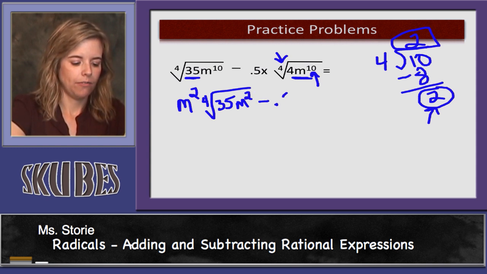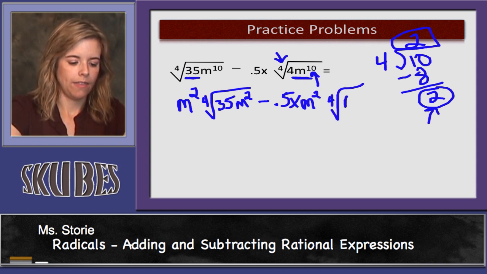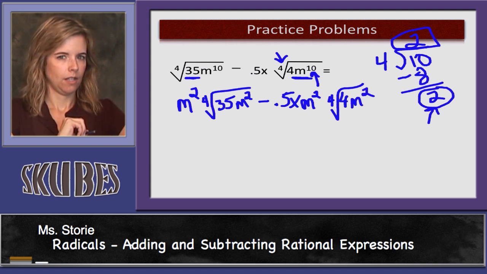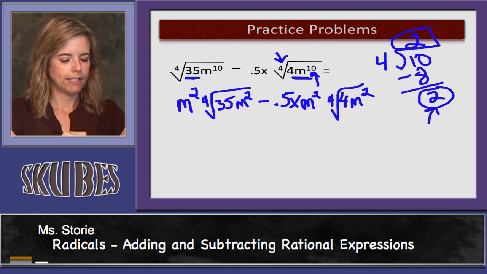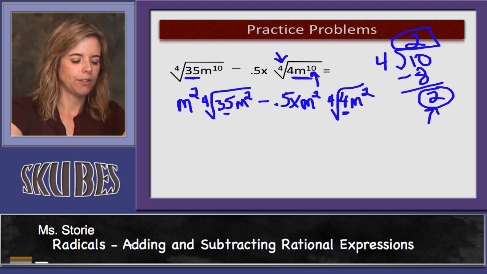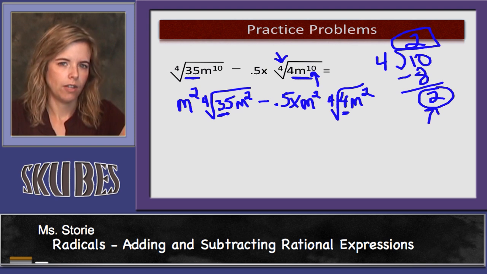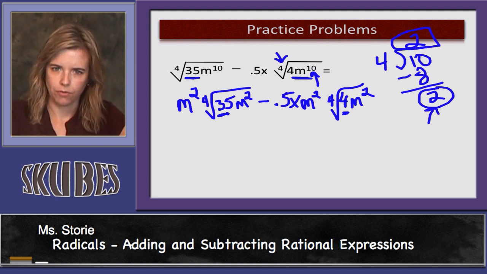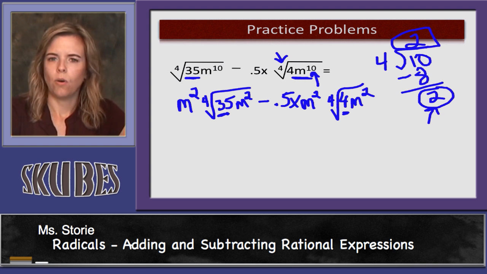Now we've got 0.5x, same thing over there, you've got m squared, we're looking for the 4th root, and then we've got 4m squared. Have we fully reduced everything? I don't think so. There's a 4 there. Radical 4? There's a 35 there. Radical 35. But the problem is we're looking for the 4th root. 2 times 2 is 4.